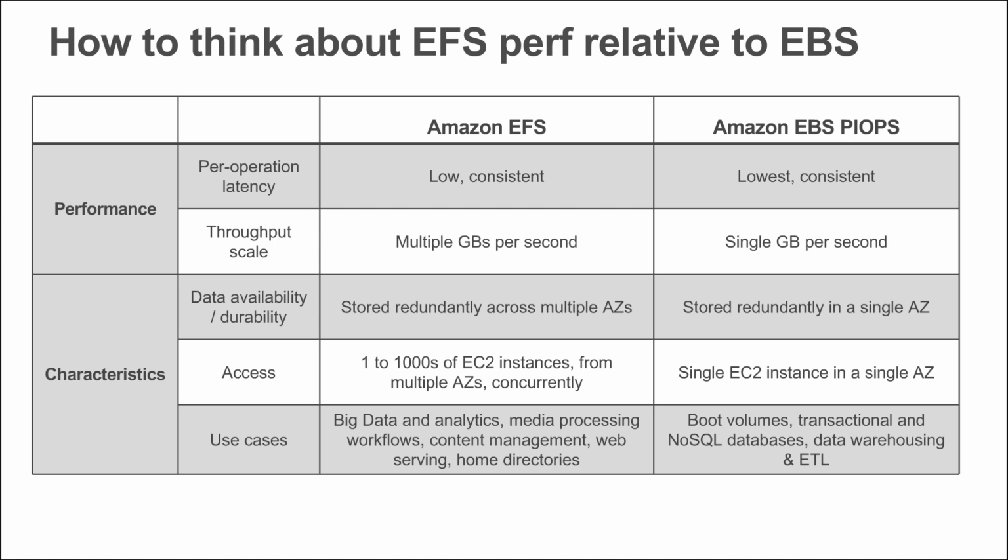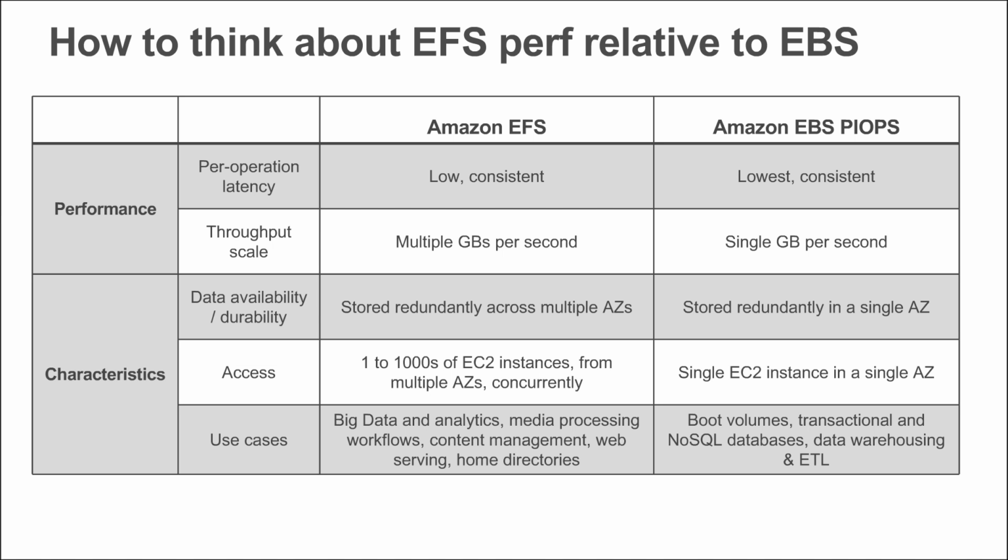So first, from a per operation latency perspective, the distributed architecture that I was talking about results in a small latency overhead for each file operation. And that's really because when you're conducting a file operation, the data gets spread across multiple servers and spread across multiple availability zones. And so there's a latency that's associated with that. So EFS is designed for low and consistent latencies, but if you're looking for the lowest possible latencies, then EBS PIOPS provides that.